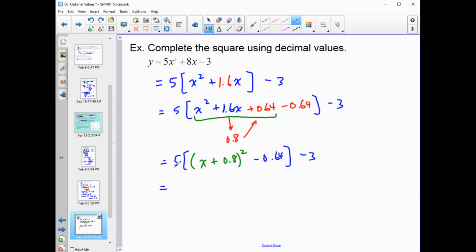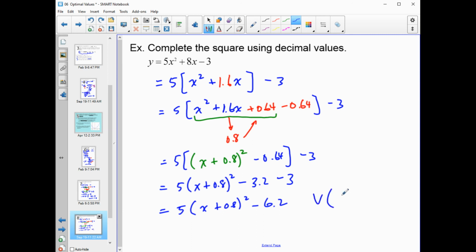I'm going to distribute this 5 into my bracket. 5 times x plus 0.8 all squared. 5 times -0.64 is -3.2. And then now the -3 can be simplified together with the -3.2, giving us our vertex form. That's -6.2.